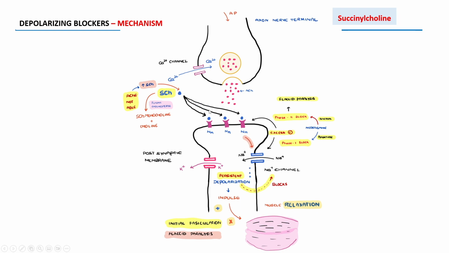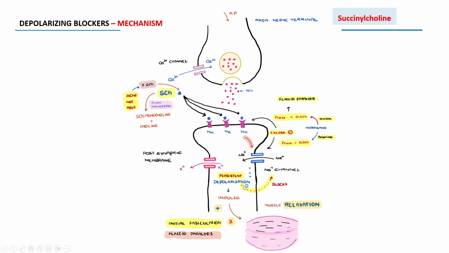So if this process continues repeatedly, what happens? There will be activation of NM receptors and persistent stimulation of the sodium channels that leads to persistent depolarization. This persistent depolarization will cause increased impulse generation, and this is responsible for the initial fasciculations.